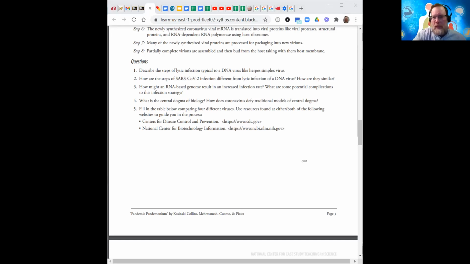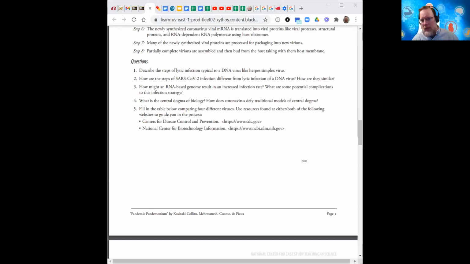Let's see. Then we look at SARS or COVID and how that's different. Again, viral RNA never leaves the cytoplasm. So we get this simultaneous replication going on over and over and over from the messenger RNA for translation. It uses its own RNA polymerases for RNA replication, but uses the host machinery for the translation of it.